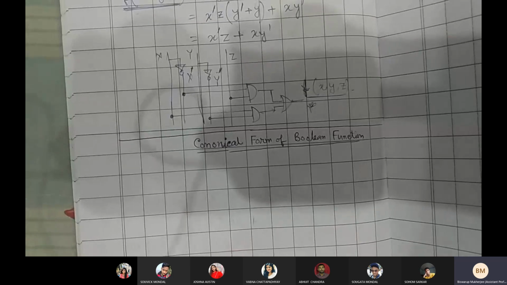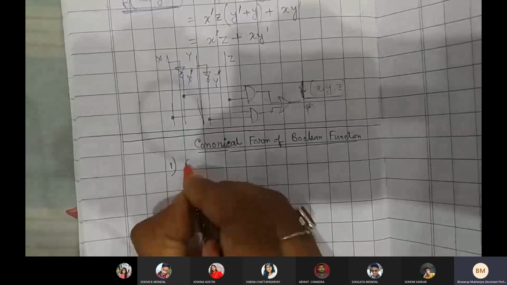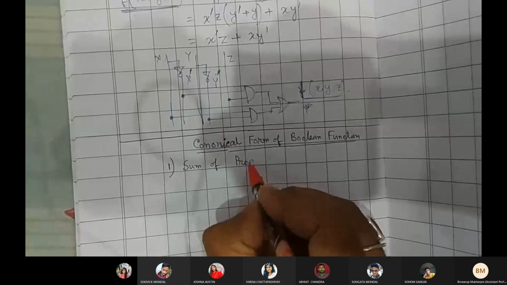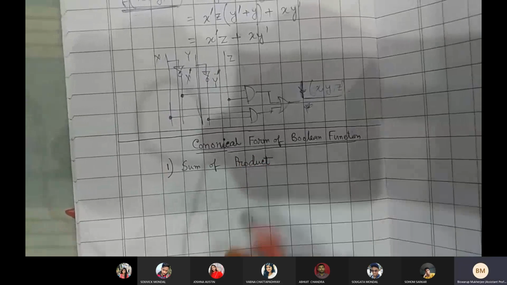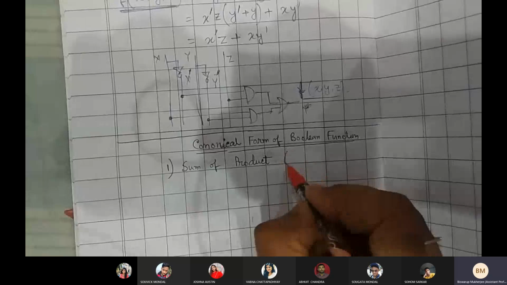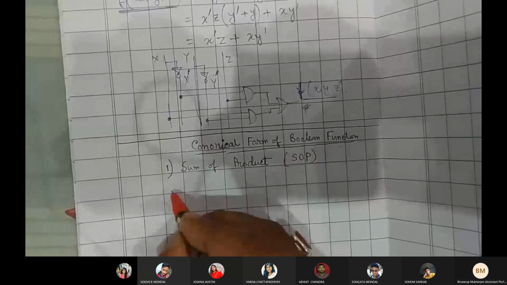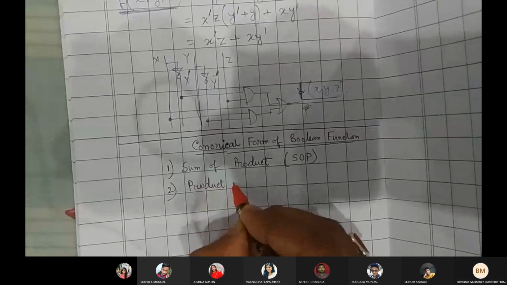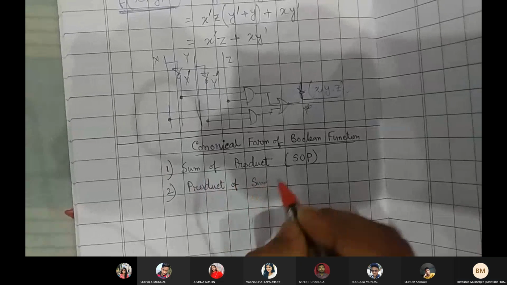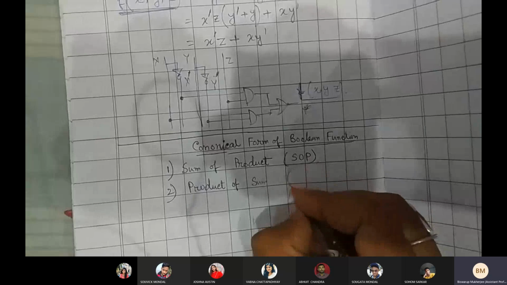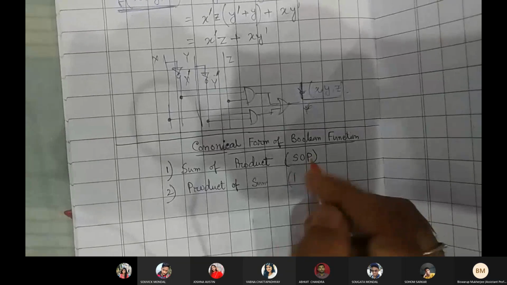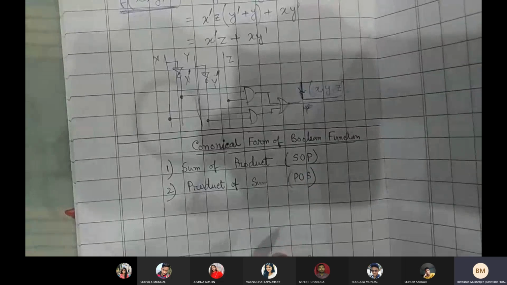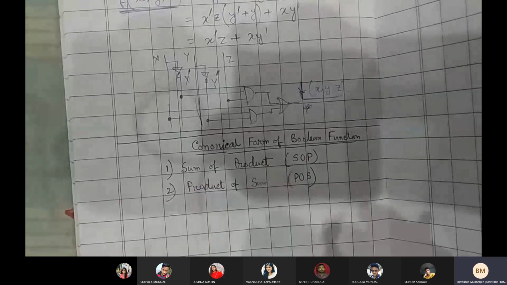One is called sum of product, or in short form SOP. And the other one is called product of sum, that is called POS. Product of sum, POS.